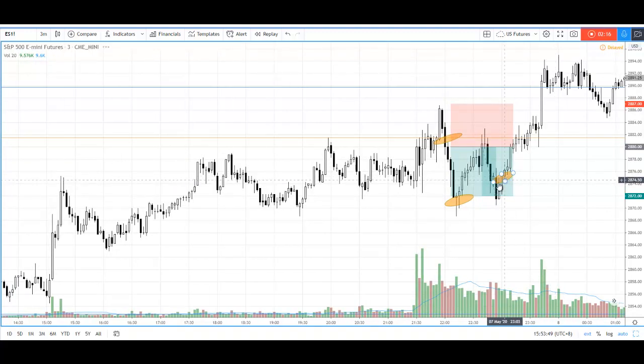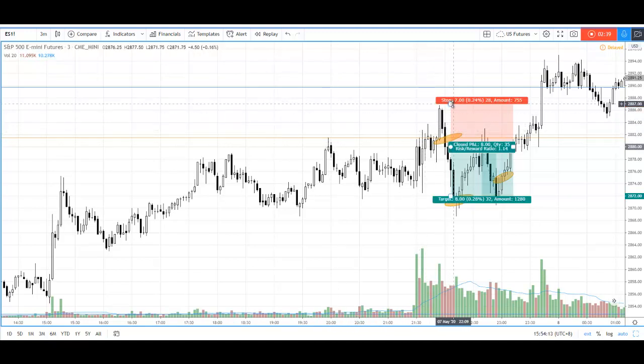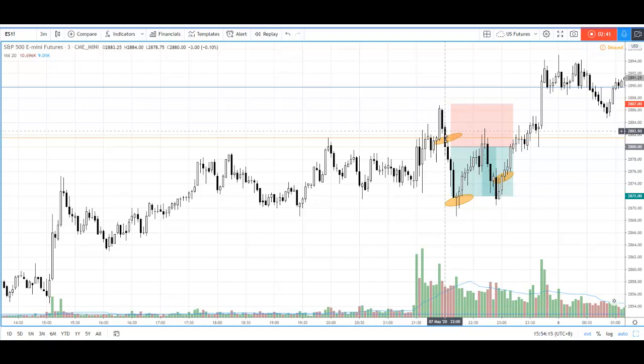As you can see, I've already marked up the levels. This is the opening bar, 9:30, and you can see this is the resistance zone from 2880 all the way to 2900. Within this localized structure, the market broke above the previous swing high and bumped into the resistance zone, and eventually had the reversal bar, which I marked with the yellow circle.